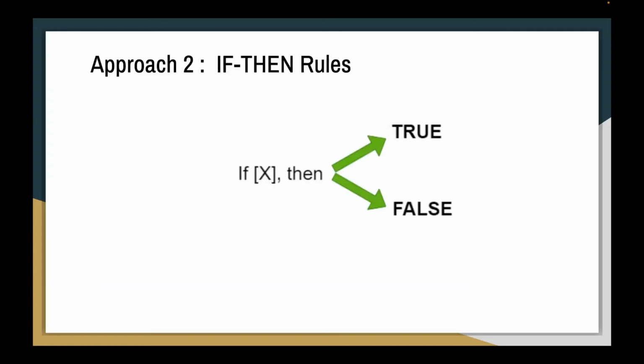The second approach is the if-then rules method. This straightforward method involves programming behavior based on specific outcomes. For example, if the enemy is near, then attack. If you can move the queen to the next position, then move.